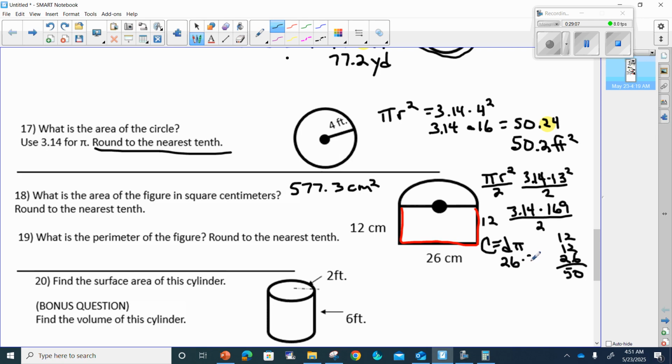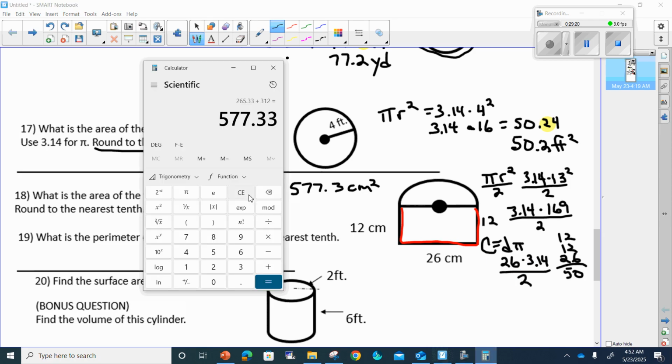Pi is 3.14. Then we're going to divide it by 2, because it's half a circle, not a whole one. All right. We have 26 times 3.14 divided by 2. That's 40.82.